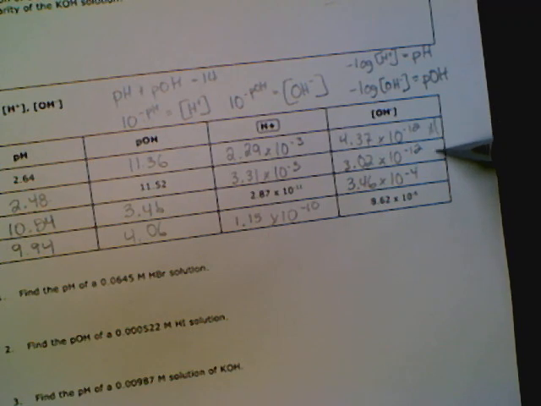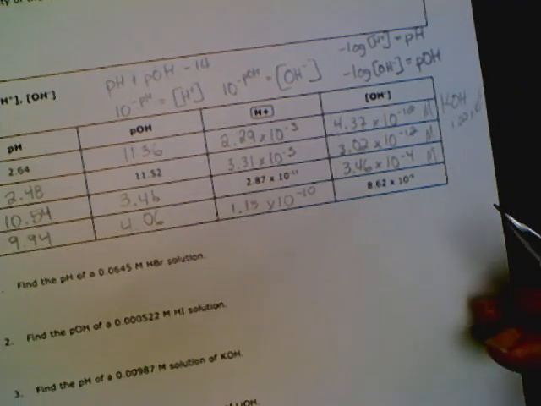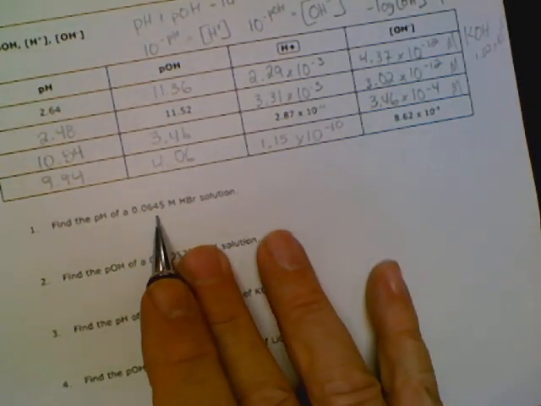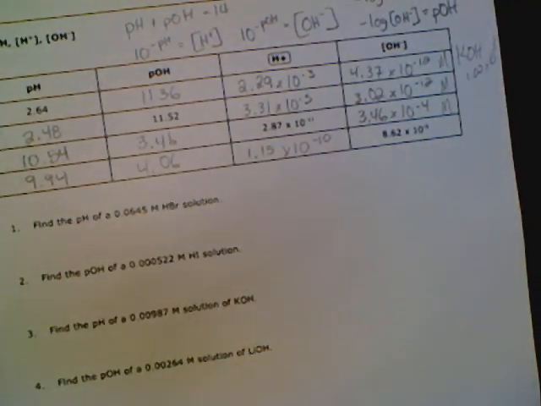Remember that these are just molarities, so if you have KOH at 1.02 times 10 to the negative fifth molar, same thing. All right, find the pH of a 0.0645 molar HBr solution.